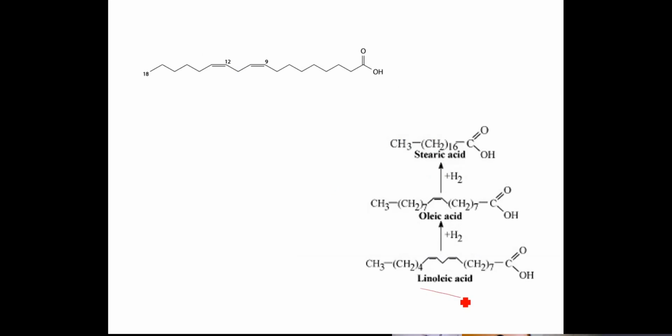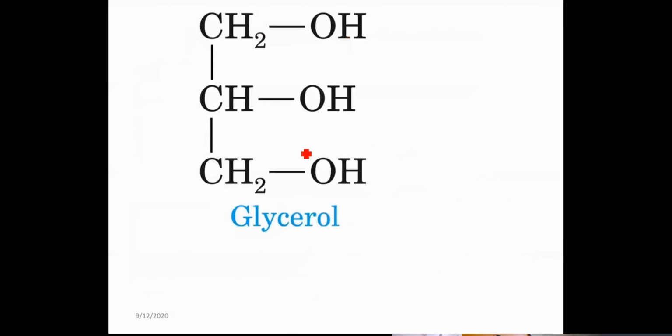If you have linoleic acid with 2 double bonds, then you add 1 hydrogen molecule, 1 double bond gets converted into oleic acid, where 1 double bond still remains, and you get the semi-plastic or semi-solid fat. If you further add 1 more hydrogen molecule, the oleic acid gets converted into stearic acid, which is fully saturated.